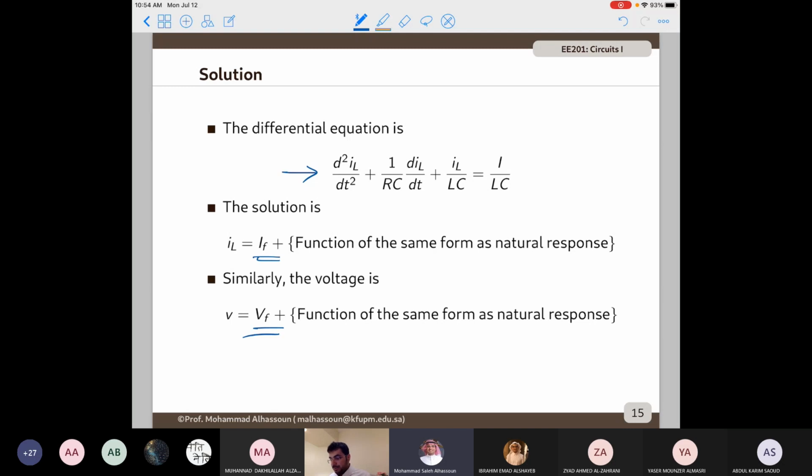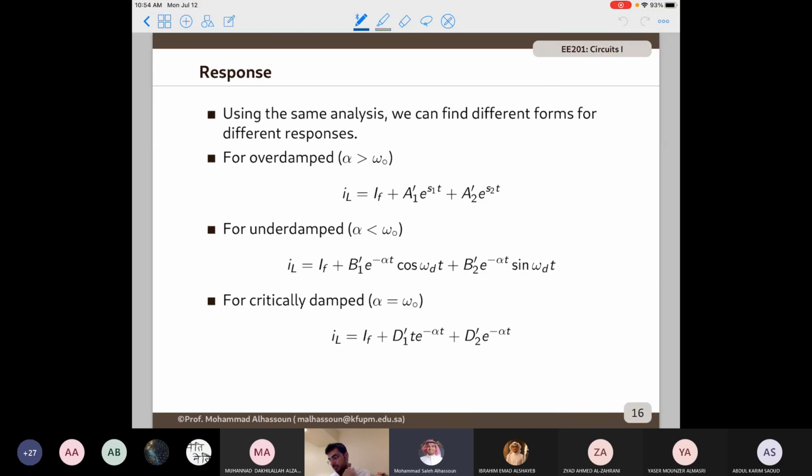Therefore, if you have, say, an overdamped response, what will be the natural response solution? It will be A1 multiplied by e to the power s1t plus A2 multiplied by e to the power s2t. So the only thing that you need to add is the final value. Something like this.